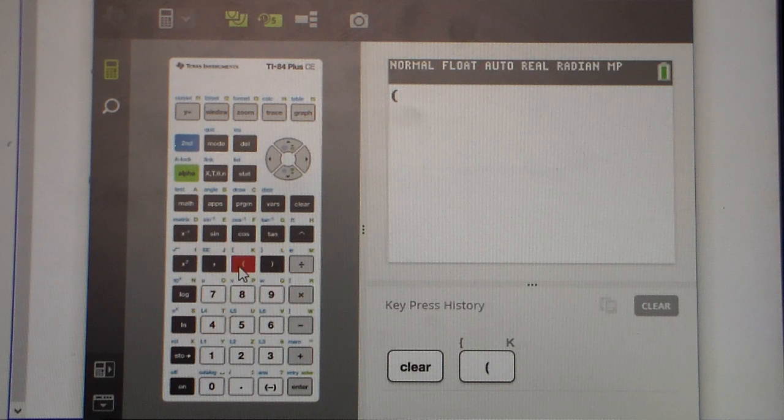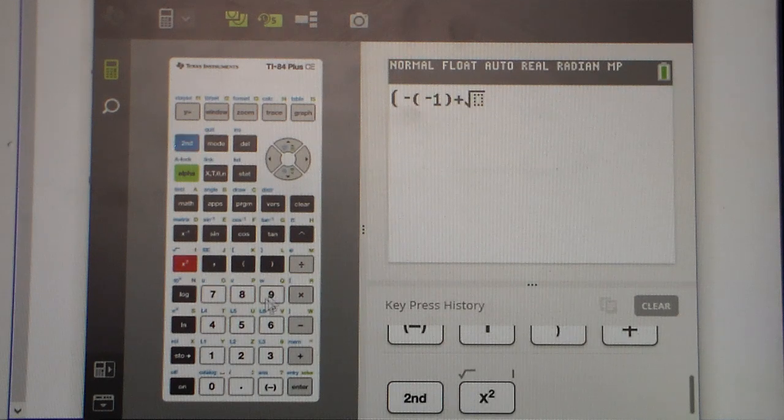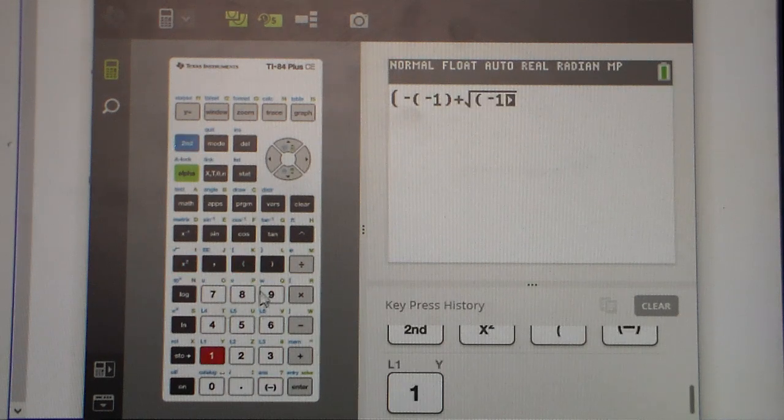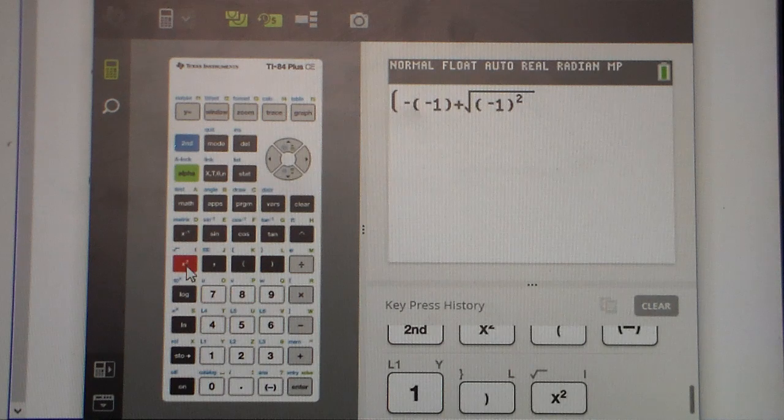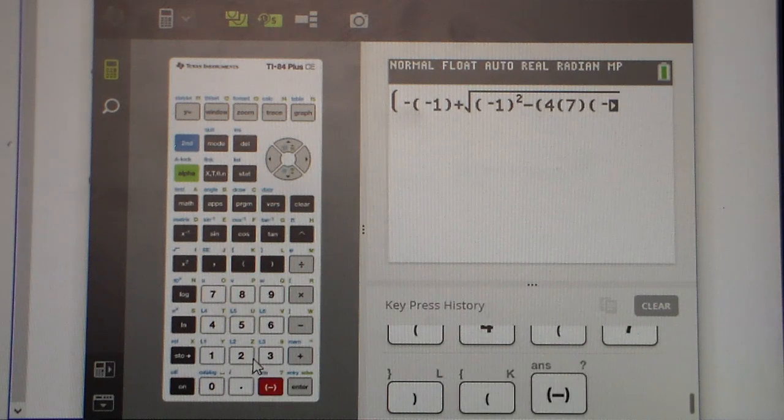So parentheses for the numerator, negative, parentheses, negative 1. That's why I use those parentheses, because there's lots of negatives. Plus the square root, parentheses, negative 1, squared, minus parentheses 4 times 7 times negative 24.